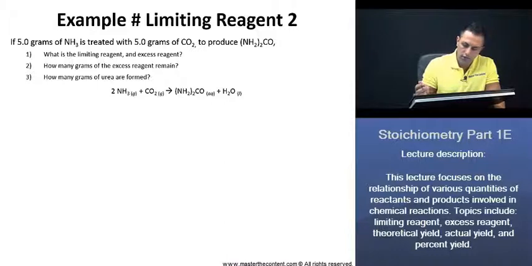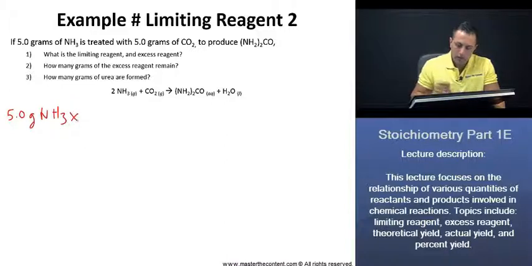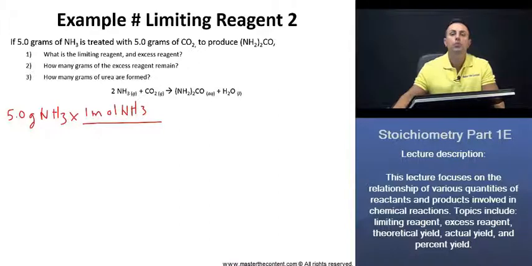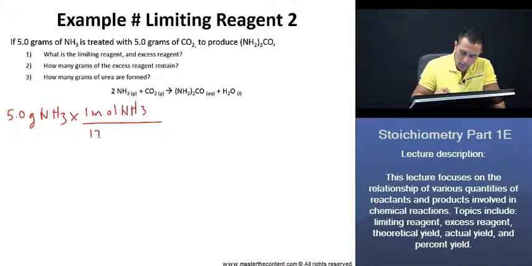Now, if we have 5 grams of our ammonia, we know that the molar mass for ammonia, we'll round to 1 decimal place, and you can get that directly from the periodic table. It's going to be 14 for the nitrogen, and it's going to be 3 for our hydrogen, giving us 17 grams.